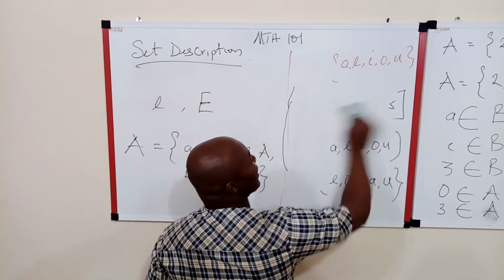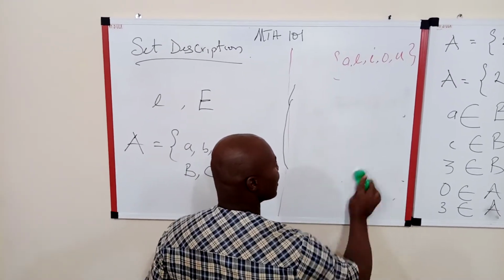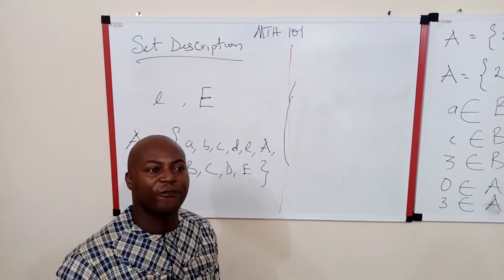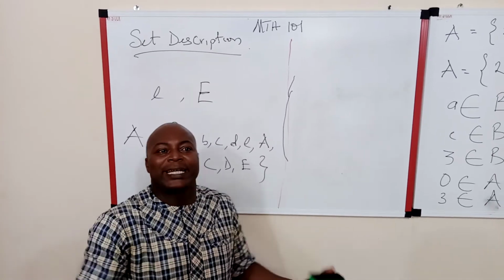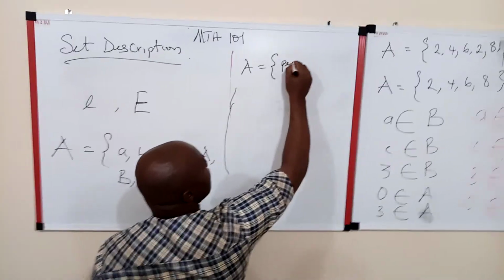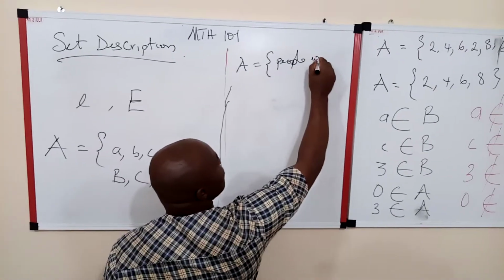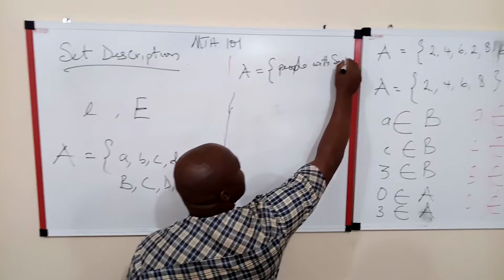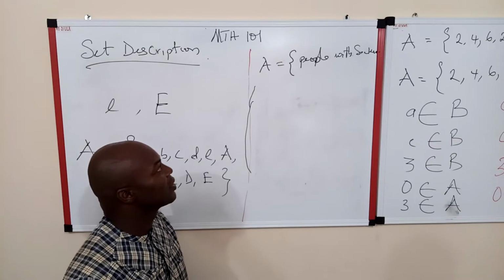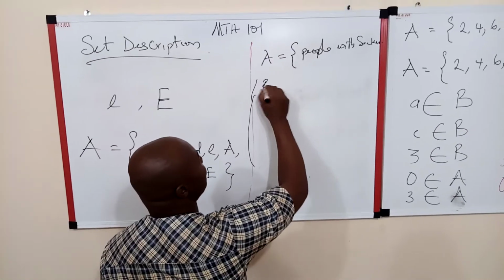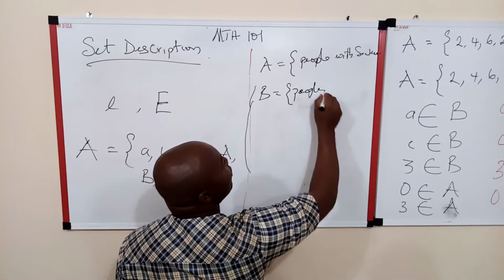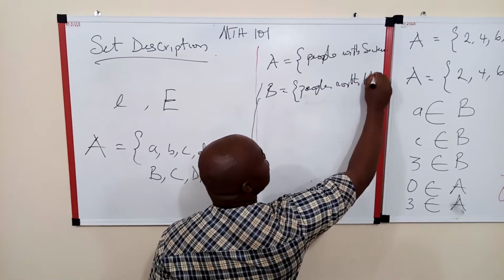Let me use another example again. Let's say set A is a collection of people with sickness. And let's also say set B is a collection of people with HIV.